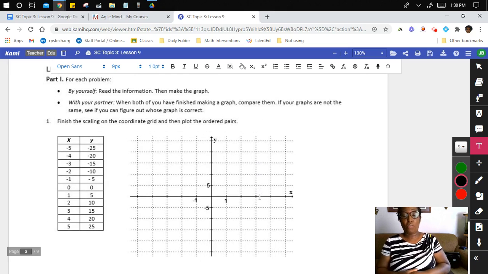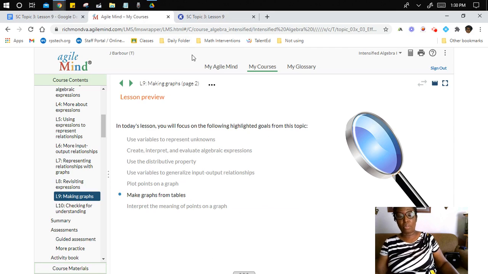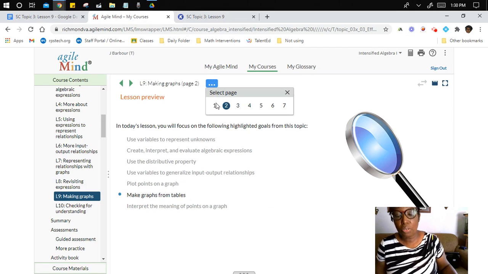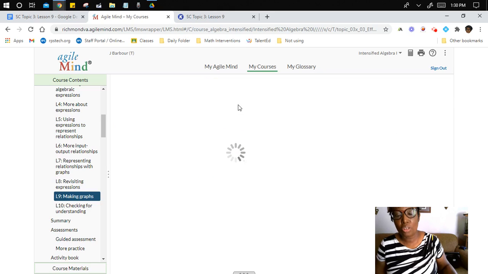By yourself, find information, then make a graph with a partner. When both of you have finished making a graph, compare them. If your graphs are not the same, see if you can figure out whose graph is correct. Now, here we have our scaling. We can go back to our lesson preview because I want to make sure that we understand our directions.